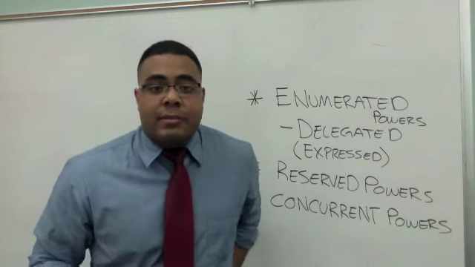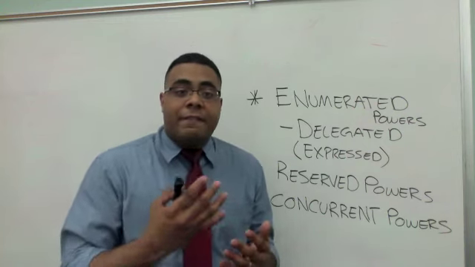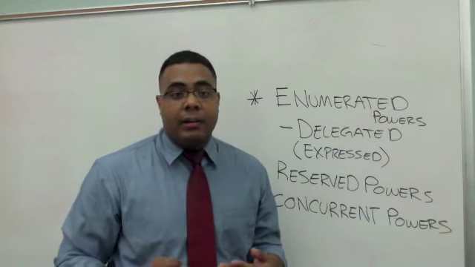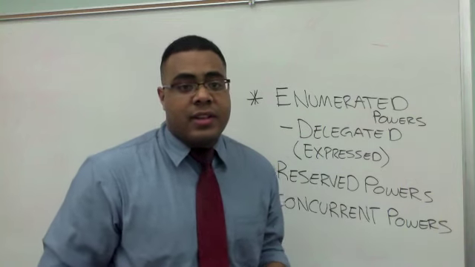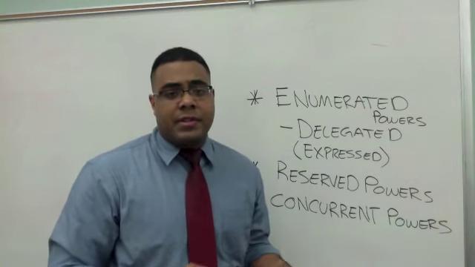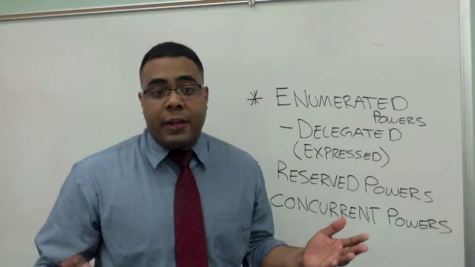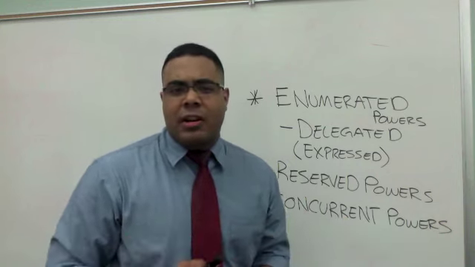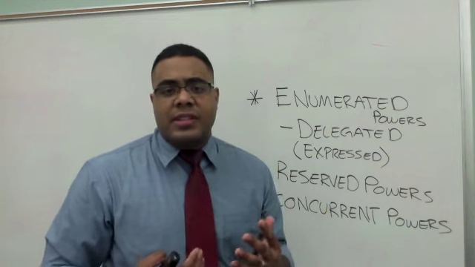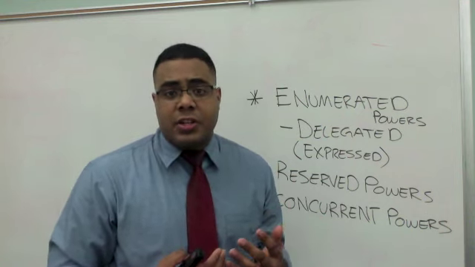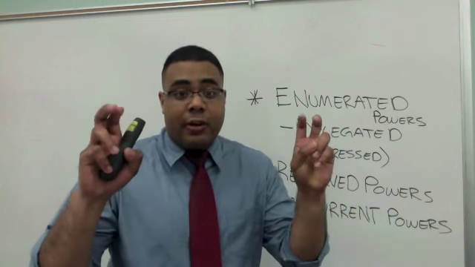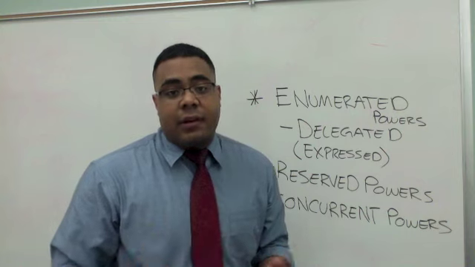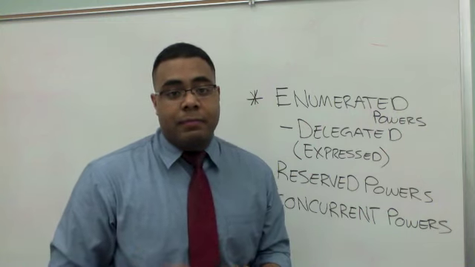Now, some examples of some of the enumerated powers that only the federal government has include: regulate trade among states with other countries, conduct foreign affairs, raise an army, support an army, coin and print money, establish a postal system, govern U.S. territories, admit new states to the Union, regulate immigration, pass laws that are necessary and proper to carry out its powers, and give the federal government implied powers.